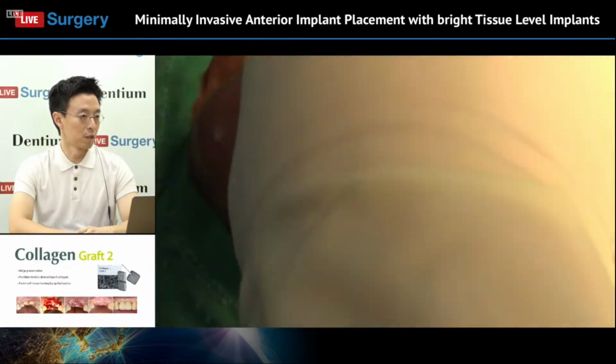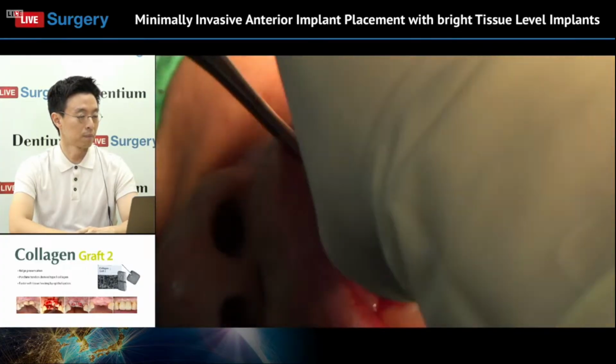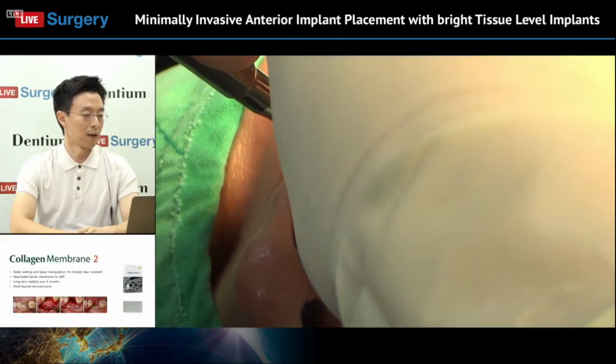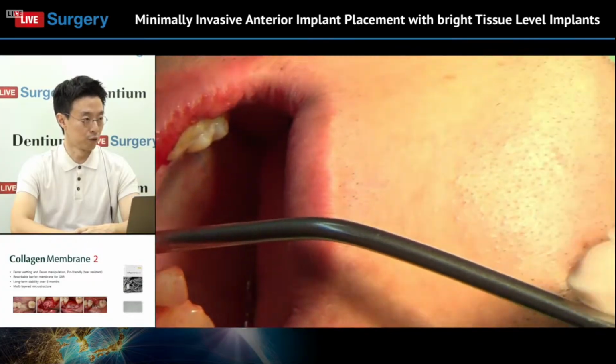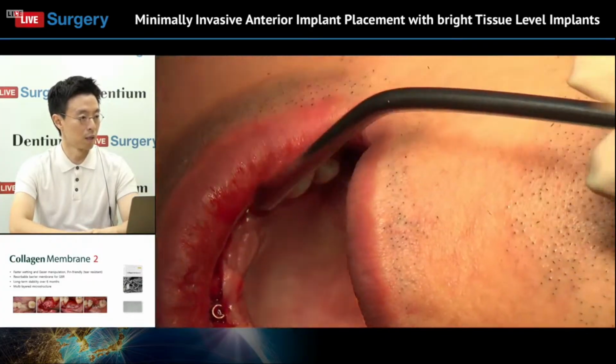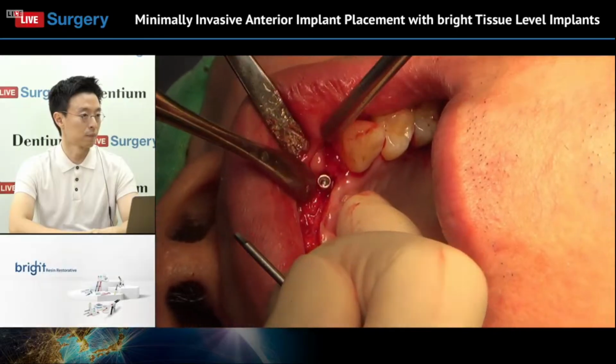I will use the comfort cap after removal of mount screw in tissue level fixture.